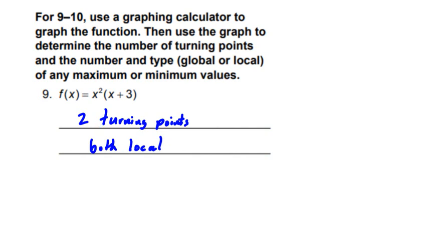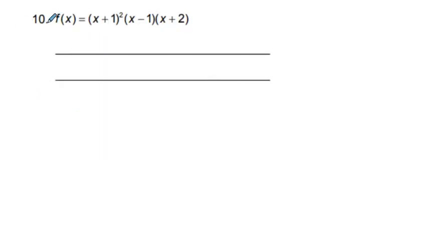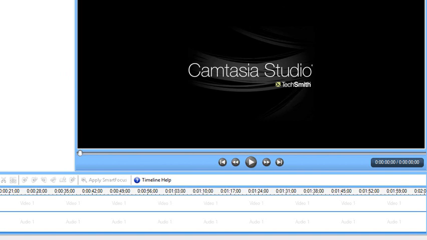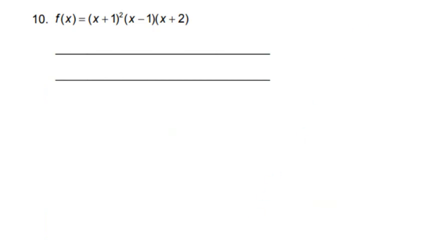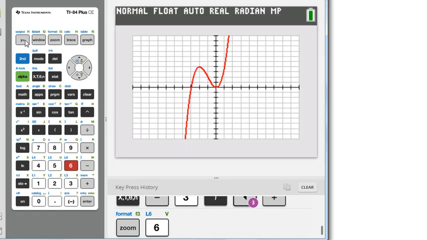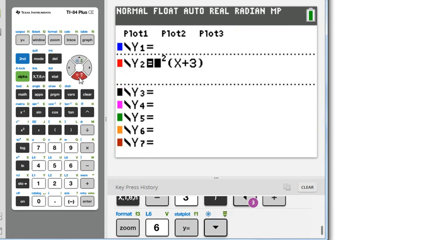Okay, next, 10. Same instructions, number of turning points and their type. So we have quantity x plus 1 squared, x minus 1, x plus 2. Oops, got the wrong one here. There we go. Let me clear it here.